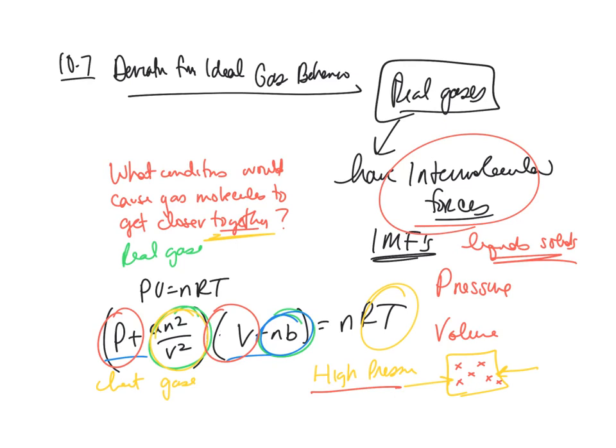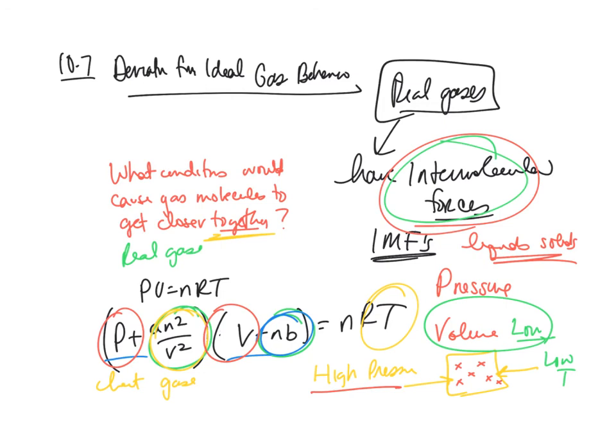You could imagine a low volume. So at low volume, you could push these gas molecules together. And what about temperature? Low temperature. So if you decrease the temperature, these molecules are going to be closer together. And then you can have intermolecular forces.